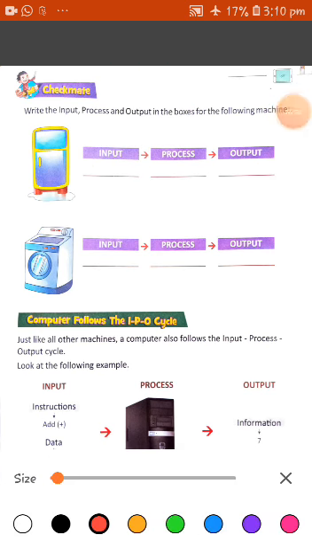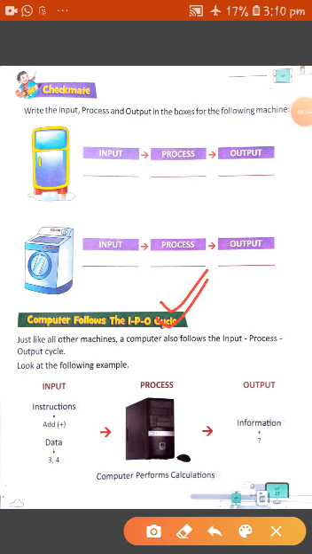Now, the computer follows the IPO cycle. Just like all other machines, a computer also follows the input, process, output cycle. Look at the following example. Input is instructions. What type of instruction?